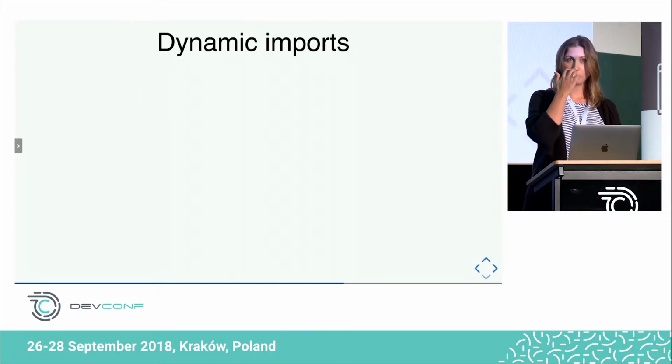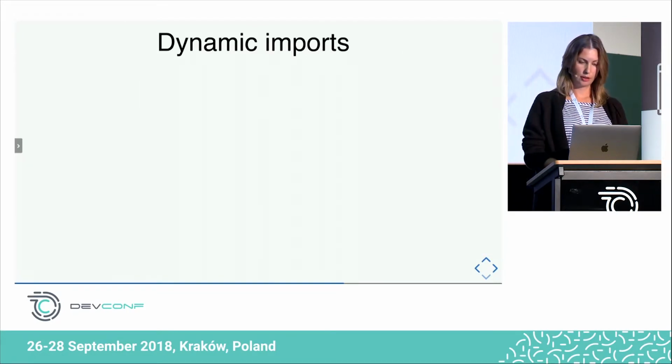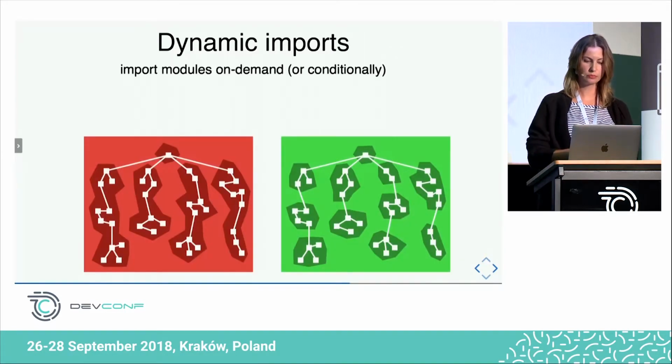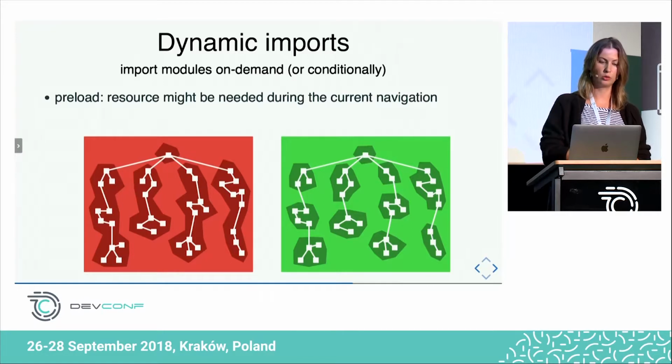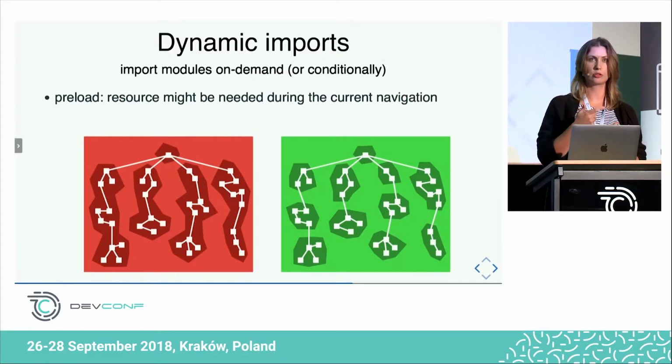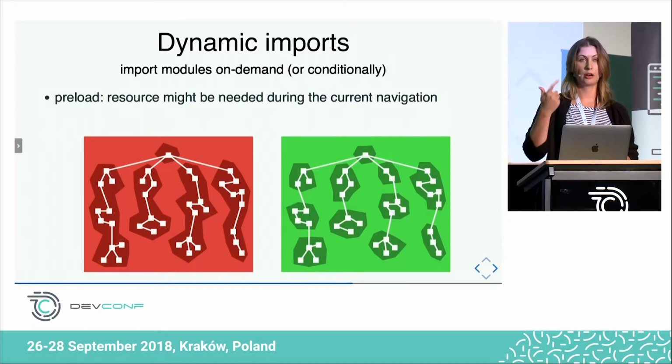Dynamic import is an interesting idea that was created some time ago. It's about importing modules when you need them, and not all at once. Basically there are two scenarios. One is preload, when your resource will be needed during the current navigation.